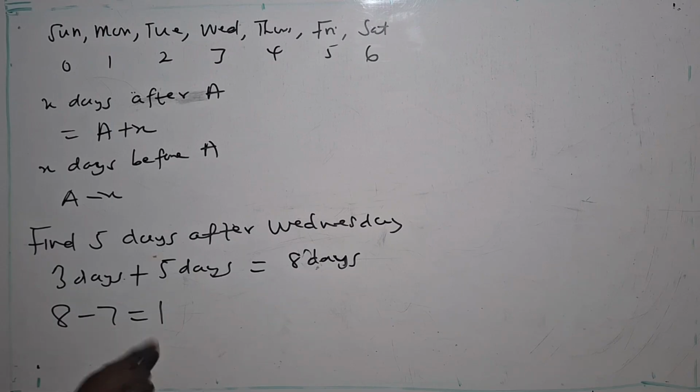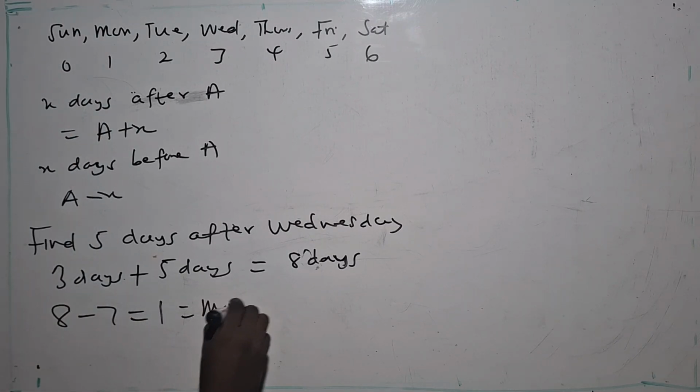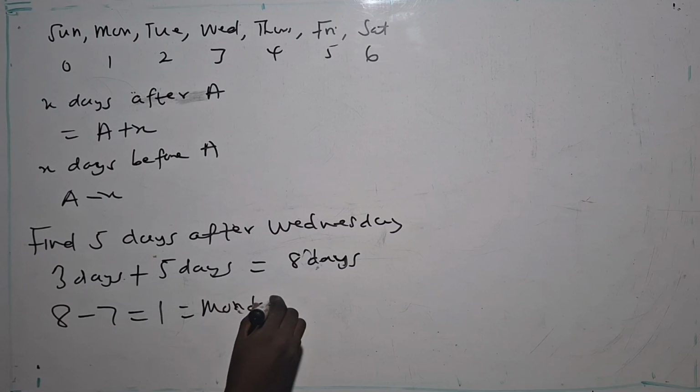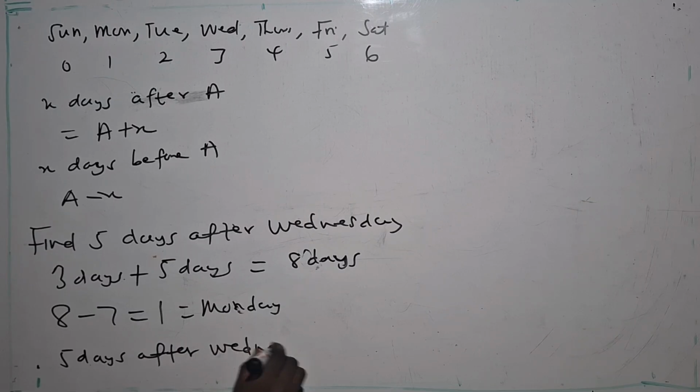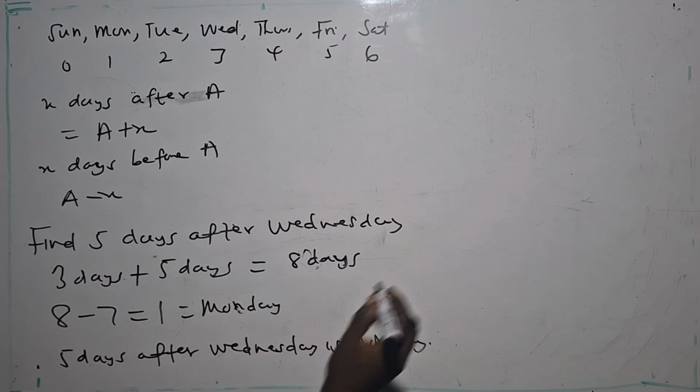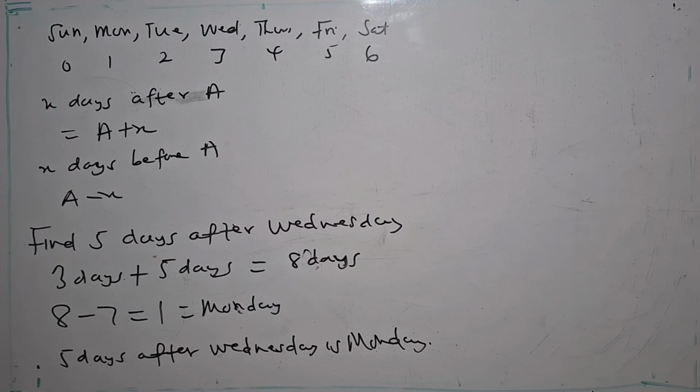And which day represents 1? Monday. So 5 days after Wednesday is Monday. As simple as that. Application of modulo.